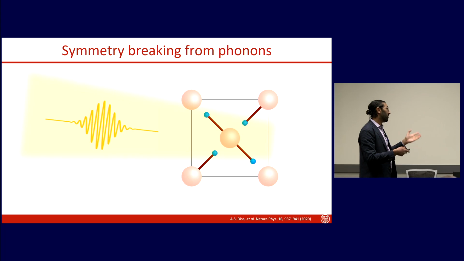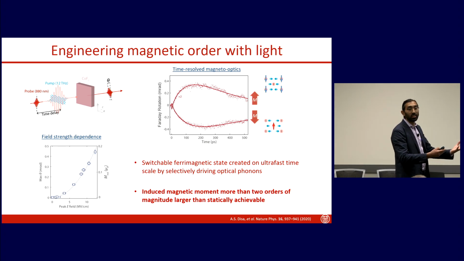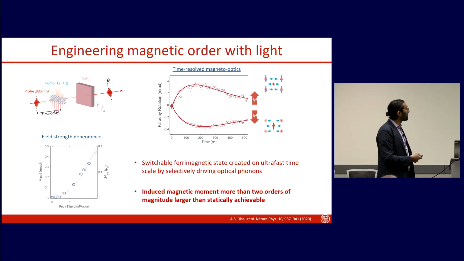And I'll just flash you the results because I actually want to show you something else after this. When we actually tried to carry out this experiment, we used resonant terahertz pulses to drive this infrared active mode, and then we used magneto-optics to sense the resulting magnetization. And what we found is that you do indeed get a magnetization that you induce via this mechanism. It's switchable.